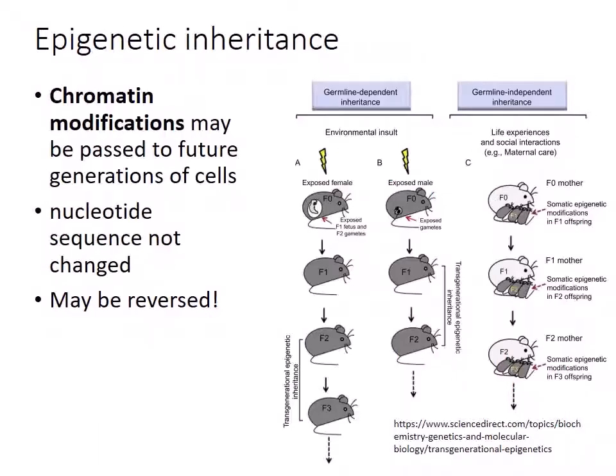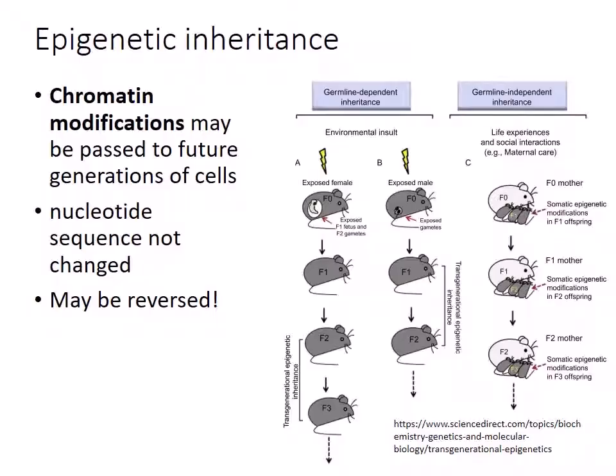As far as epigenetic inheritance goes, remember this is the above-the-genome inheritance, so this chromatin modification can actually be passed on to future generations of cells. So the nucleotide sequence itself is not changed, however, the packaging of the DNA is changed, and so that can be passed on to offspring.